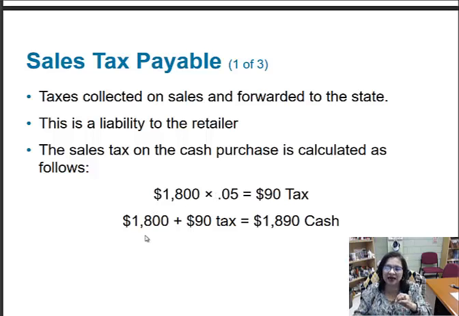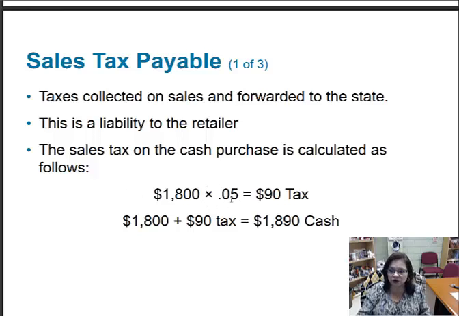So that means that everything that is sold, we go ahead and we pay so much tax. That money that's picked up for sales tax is then all put together and sent into the state comptroller's office. The business has to send it in. It's a liability to the retailer.